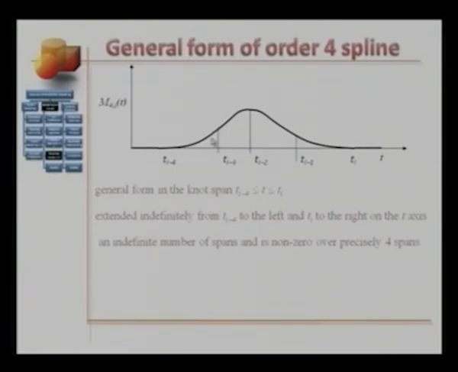So what will happen is M4I will be standing over an indefinite number of spans, only that it is going to be non-zero for values in between ti minus 4 and ti, which are precisely 4 spans, 1, 2, 3, and 4.